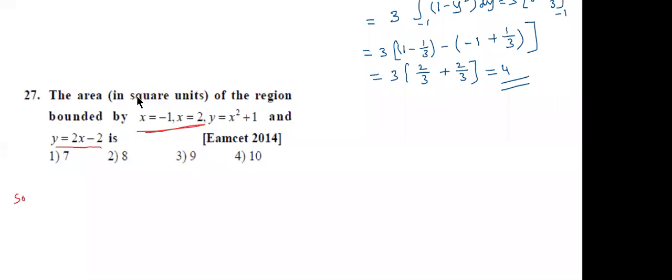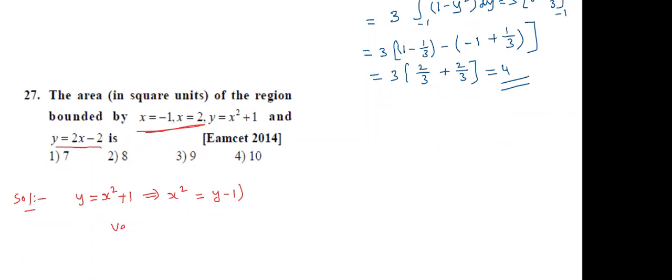First, y is equal to x square plus 1 curve is given. Actually, this is a parabola. But observe that, what is the vertex? X square is equal to y minus 1. So what is the vertex of the parabola here?